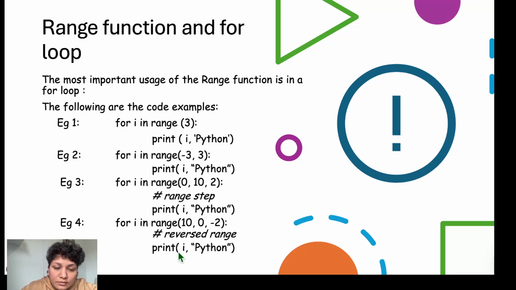So do find it out. The thing is that range and the for loop have a very deep relation. If we want to add a counter in the for loop, then we use the range function. That is why you should know how to write a for loop and range function together.